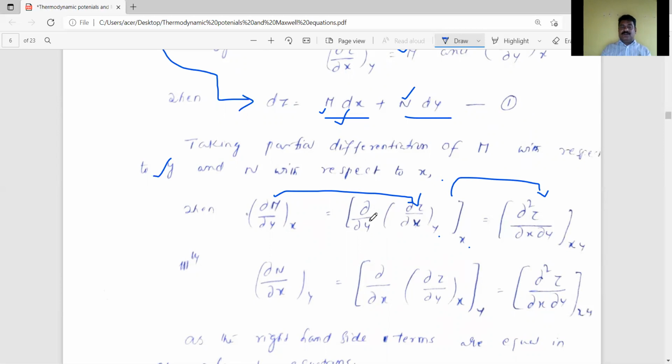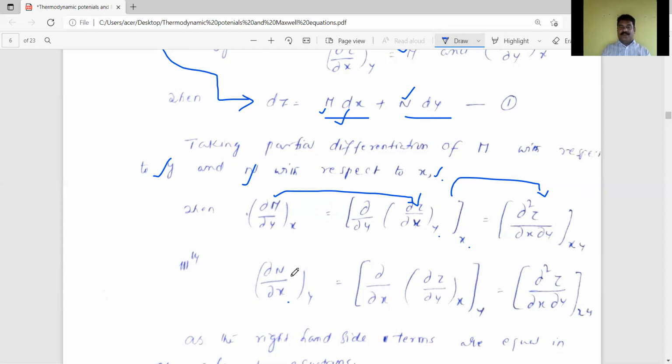So if you take partial differentiation of m with respect to y, then it can be written as ∂m/∂y at x equal to ∂²z/∂x∂y at xy. Similarly, if you take partial differentiation of n with respect to x, ∂n/∂x at y.